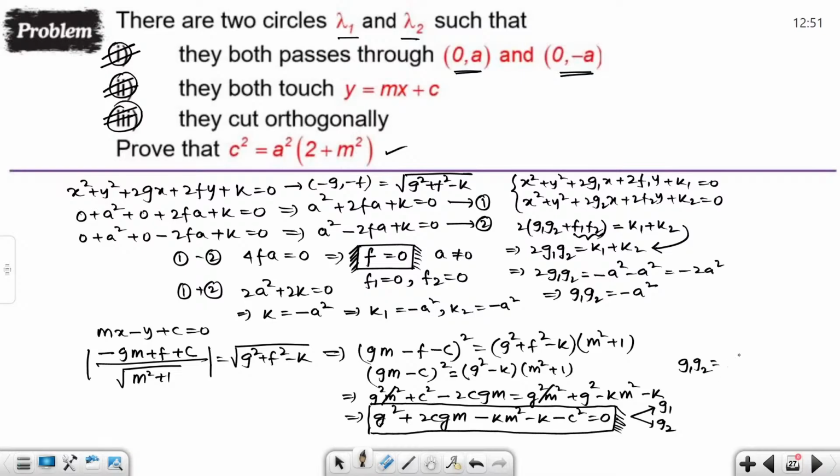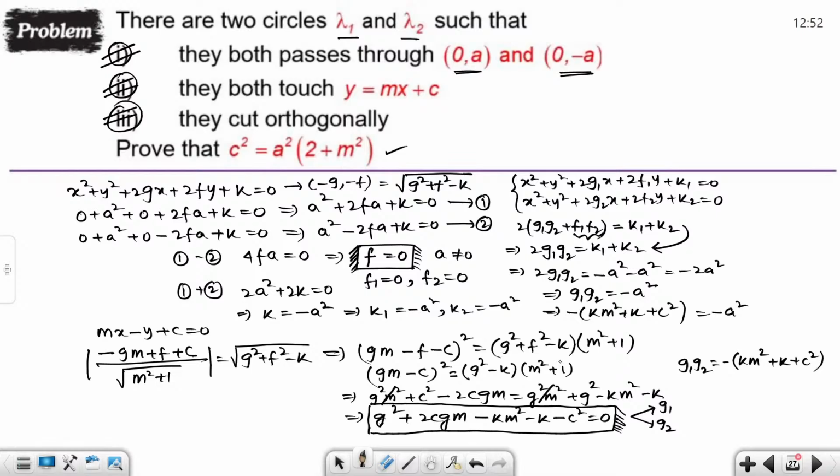It will be minus km square minus k minus c square, see how the quadratic equation is coming into the picture. The product of the two roots is minus km square minus k minus c square. So in place of g1 g2, I will simply write minus km square minus k minus c square equals to minus a square.